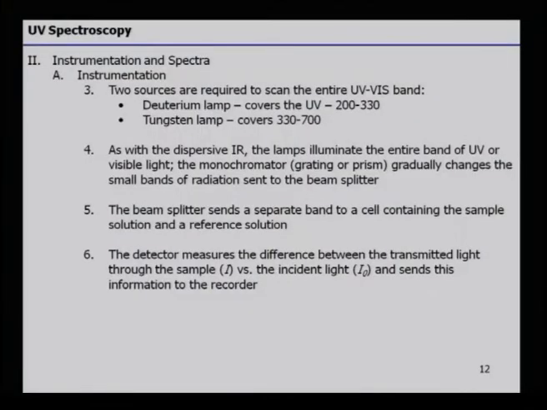The beam splitter sends a separate band to a cell containing the sample solution, and the same light is then passed through the reference solution. The detector measures the difference between the transmitted light through the sample and the incident light, and this is sent to the recorder to record.